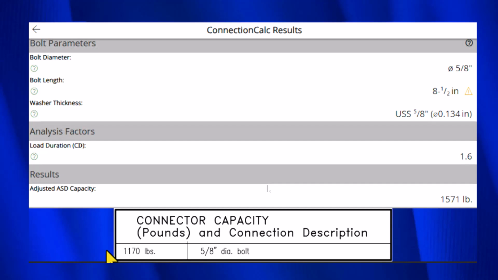The connector capacity table tells us that the 5/8 bolt can resist 1,170 pounds, whereas the American Wood Council connector calculator tells us it can resist 1,571 pounds, which is a pretty big difference. And this value right here, the 1,571, should have been used in the reinforcement schedule that contractors use. And if it had been, fewer bolts would be required and the retrofits would be much cheaper.